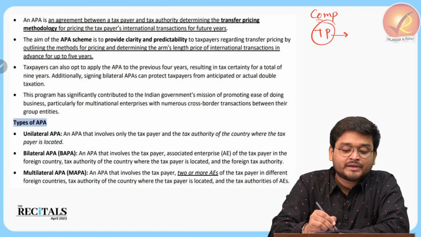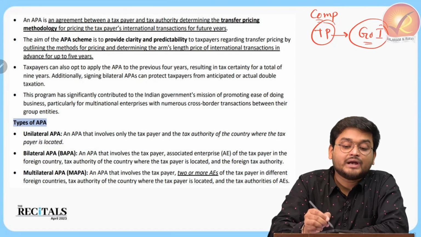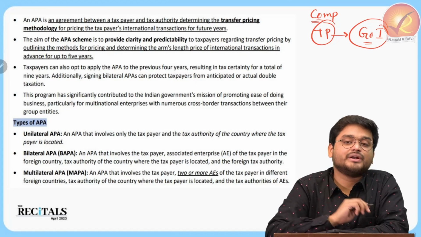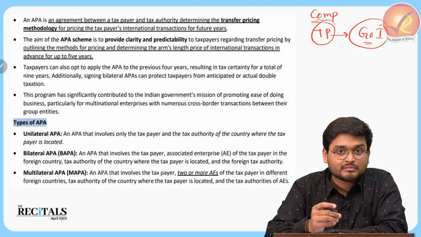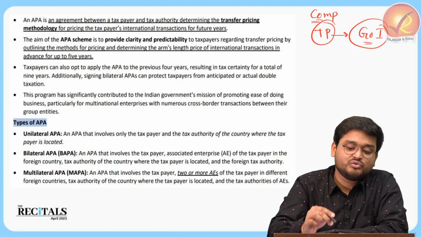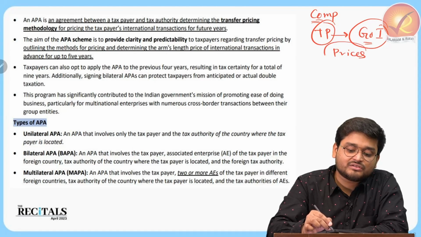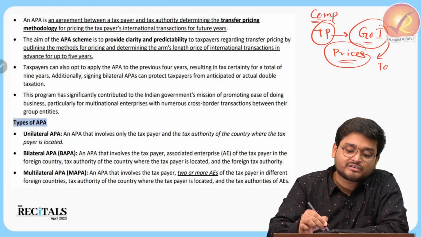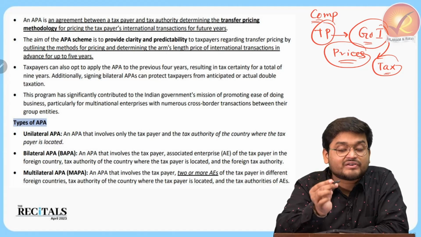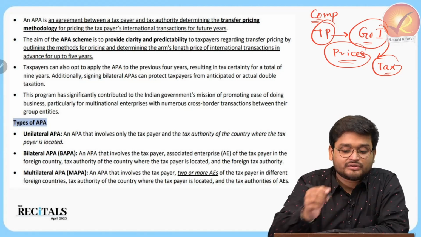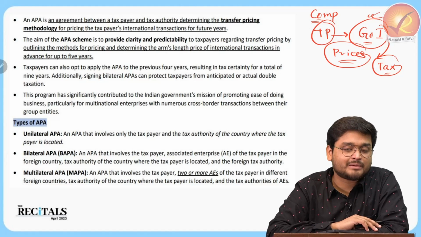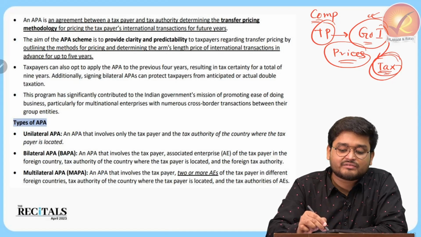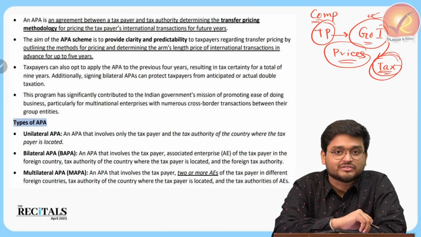The taxpayer is told by the government of India that you enter into advance agreements with me, that you are selling some components between your company and others also, and those prices you need to tell me beforehand, in advance, so that I can impose a transparent, full and justified tax on your prices. So this is actually ethical, right? This is actually what must happen. The governments must know the prices, then only can they impose taxes, right? And taxes the government needs to finance various public services, correct?